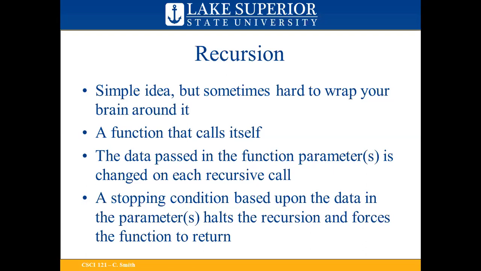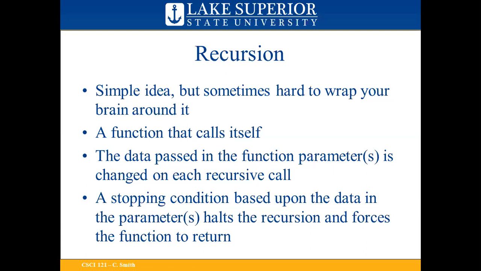So a recursive function is quite simply a function that calls itself. Well, wait a second. If I call cosine, cosine doesn't call cosine. So there are these recursive ideas that come from mathematics, and that is that data is passed in the function parameter and then is changed.